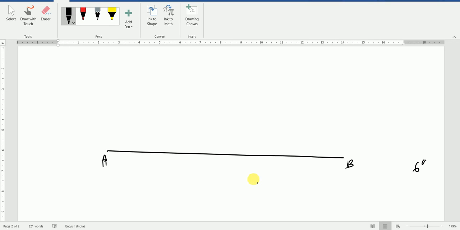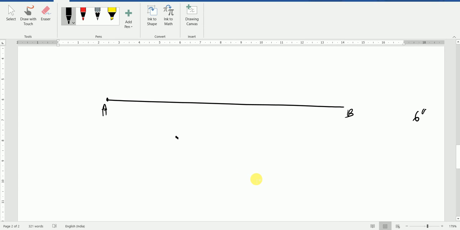After this, what to do? From this particular point, we have to measure an angle of 20 or 25. For example, this is 25. And after this, we have to draw another line, and this line may be of any length.